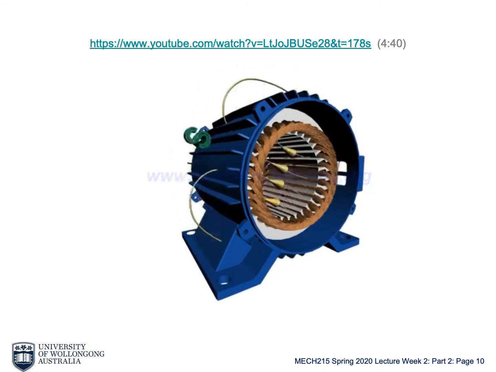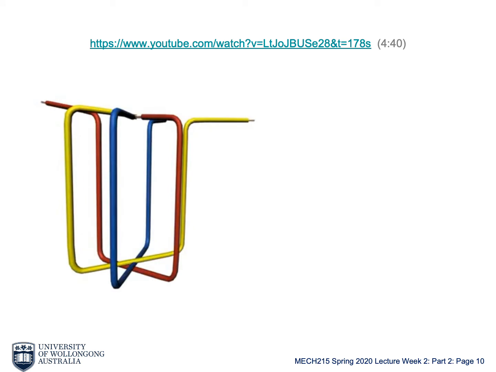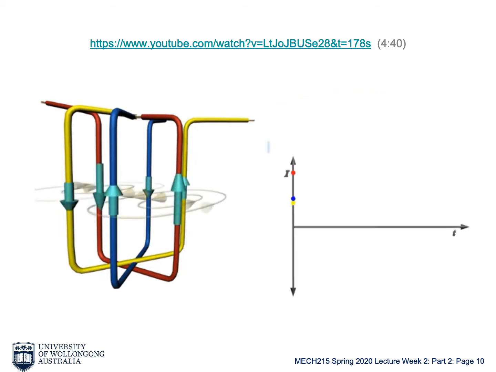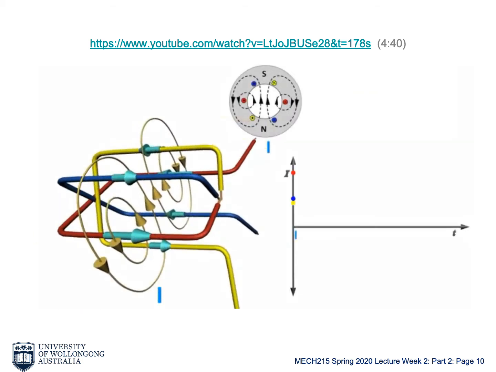To understand this phenomenon much better, consider a simplified three-phase winding with just 3 coils. A wire carrying current produces magnetic field around it. Now, for this special arrangement, magnetic field produced by three-phase AC current will be as shown at a particular instant.